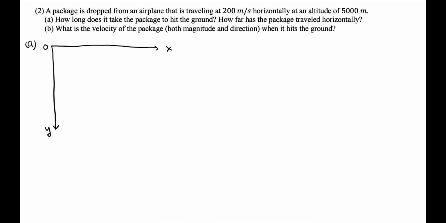Okay, so at the beginning, the package is here, right, at the origin, and then its initial velocity is horizontal. V naught equals 200 meters per second, and it's positive, right, because it's along the positive x-axis. And in the y direction, there's no velocity. Actually, let's write down these known quantities.